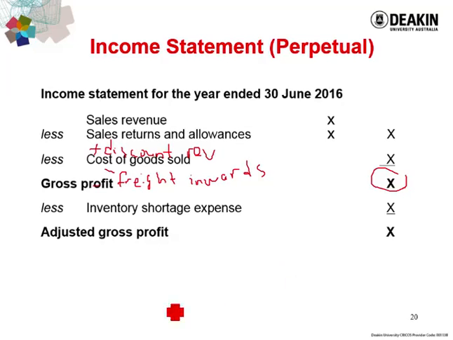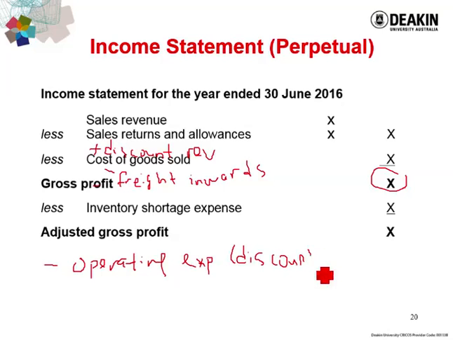And from adjusted gross profit, we will minus all sorts of operating expenses, which include discount expense or discount allowed, for example, and that will give us our net profit.